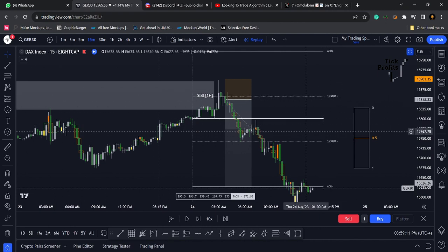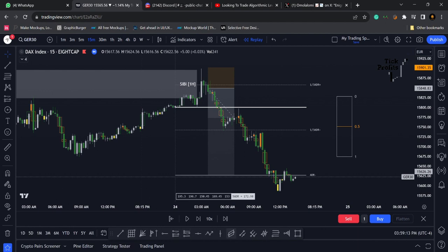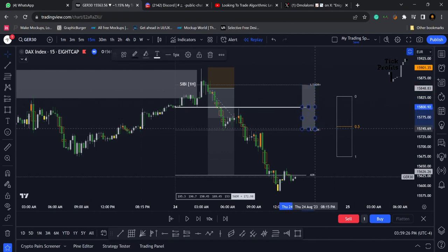I don't know the fib calibration for it, but if you measure, let's use a box to measure from the opening price to the 1/3 ADR, you'll see that it's the same measurement.